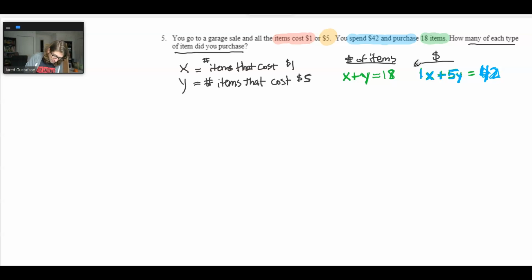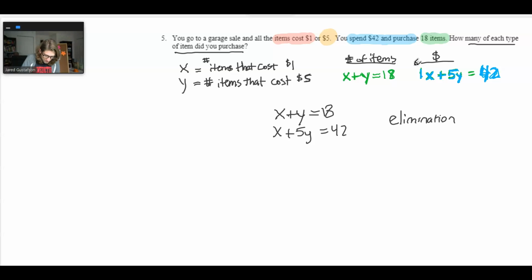This system looks to me like elimination is the way. X plus Y equals 18. X plus 5Y equals 42. I would do elimination.